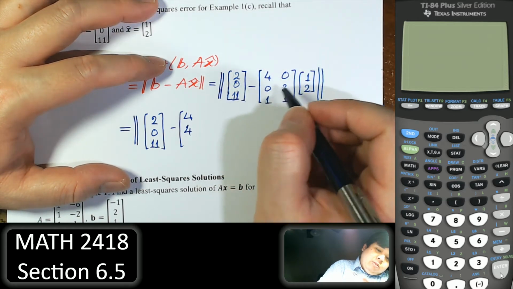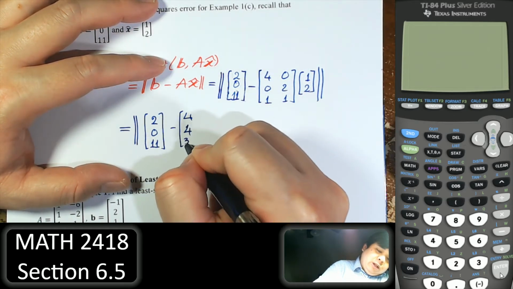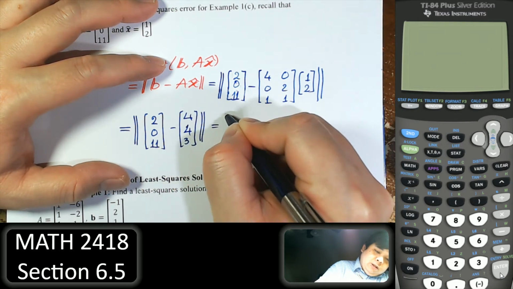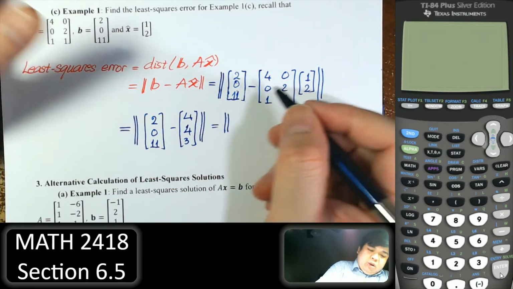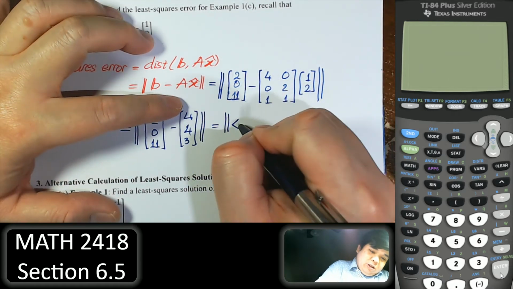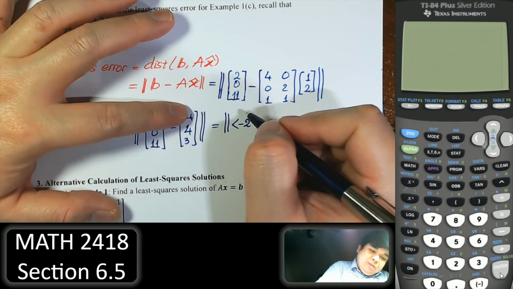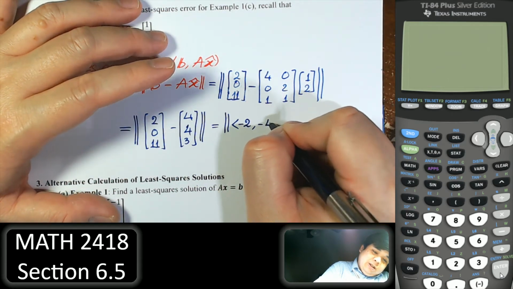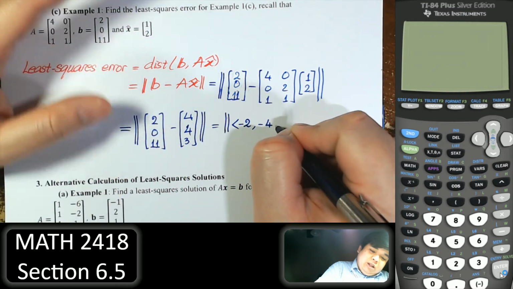And 1 times 1 is 1, 1 times 2 is 2, so that's 3. Of course, we can just write a vector in many different ways. 2 minus 4, 0 minus 4, and 11 minus 3.